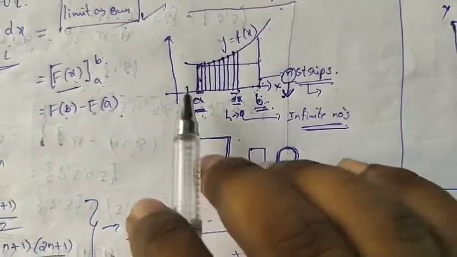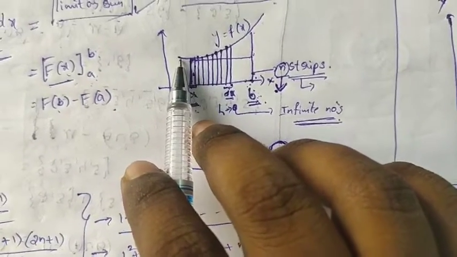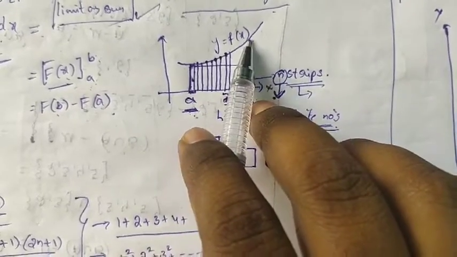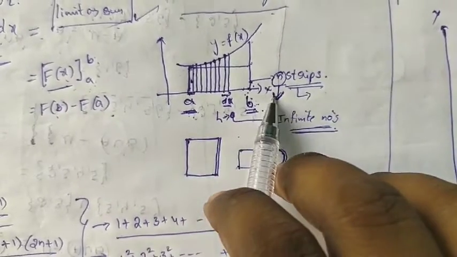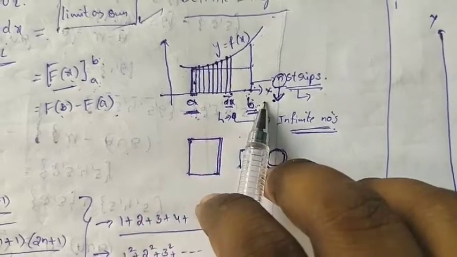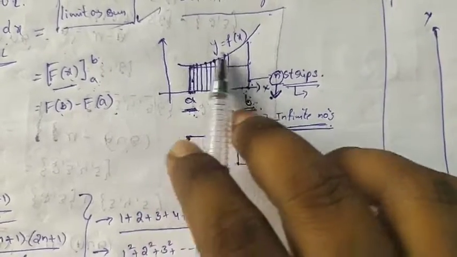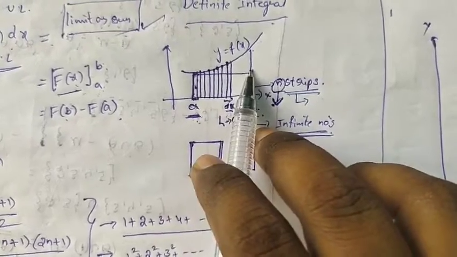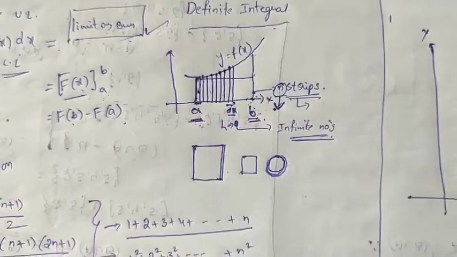Now coming to the topic. Now let us assume that y is equal to f of x is a curve. With respect to x-axis, between the limits a to b, I want to find the area of this shaded region.